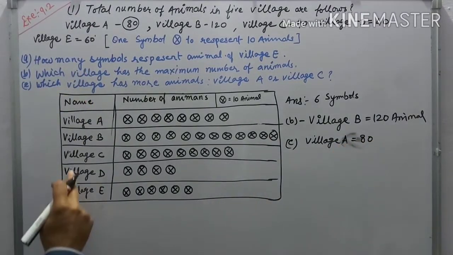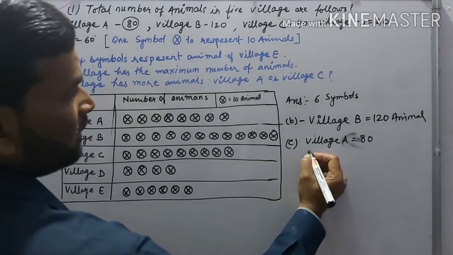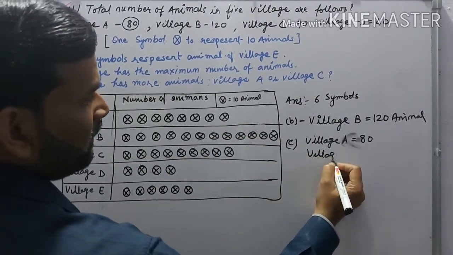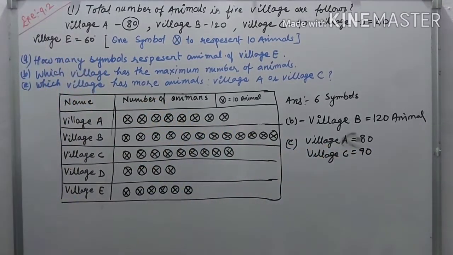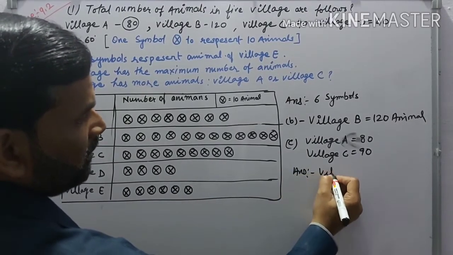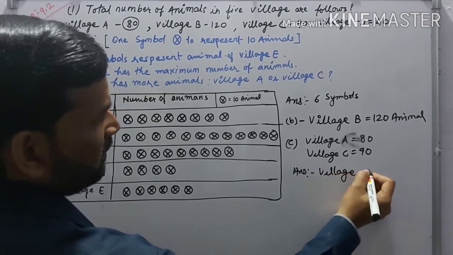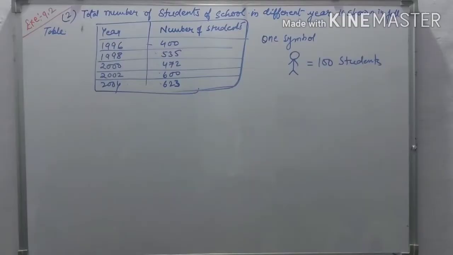And village C is 1, 2, 3, 4, 5, 6, 7, 8, 9, that is 90. So the answer is village C has more animals.